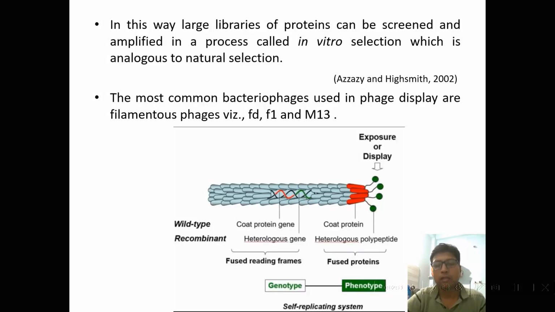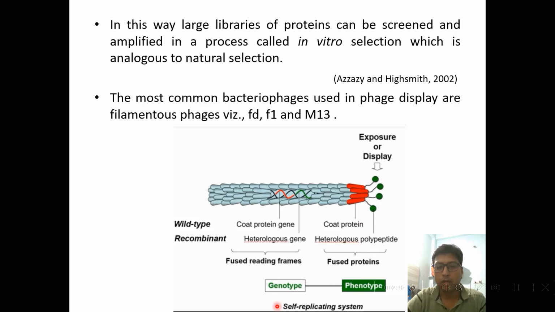As I told, filamentous phages are used, and mostly among the filamentous phages, fd phage, f1 phage, and M13 phages are used. The filamentous phages are inserted with a particular gene of interest, so whatever gene is inserted inside gets expressed outside.